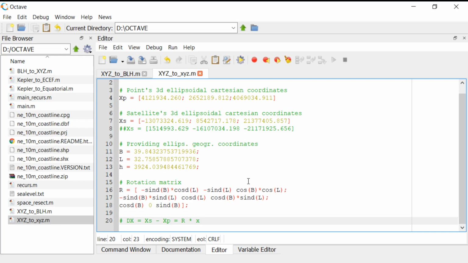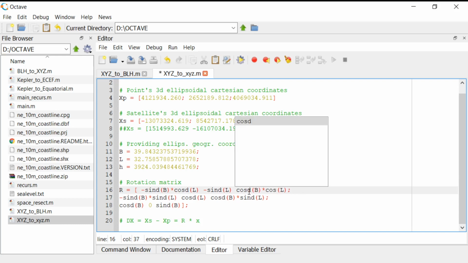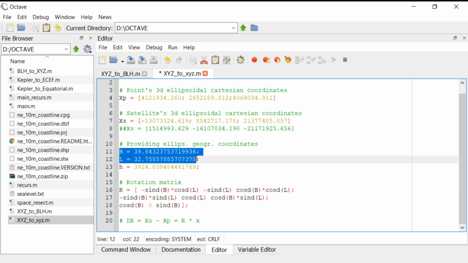So minus sine B cosine dl sine dl. You have seen here I made the mistake: cos dl is missing, because B and L, as you see here, should be provided in degree units, sorry.